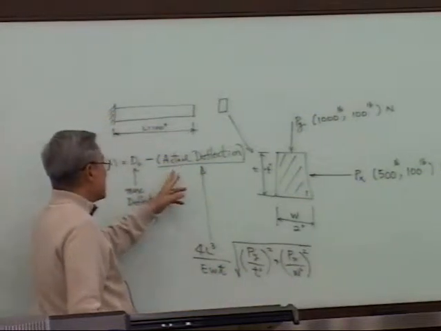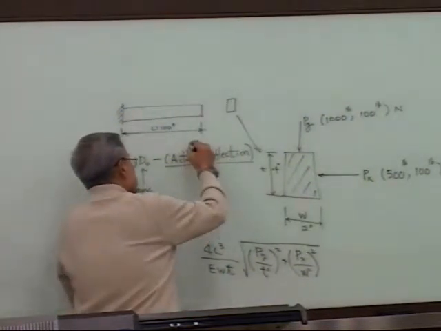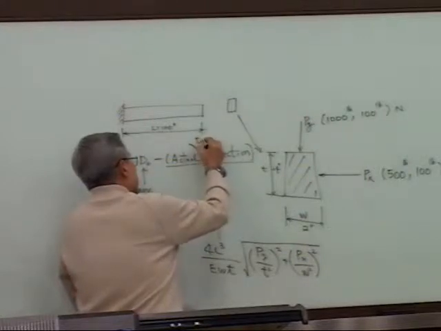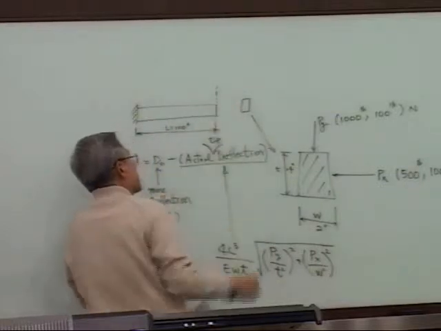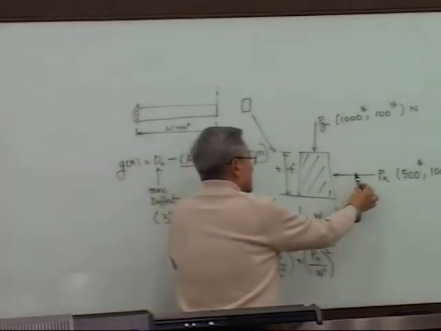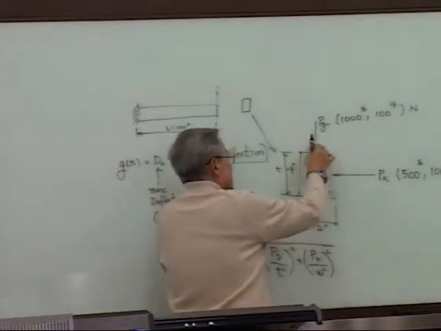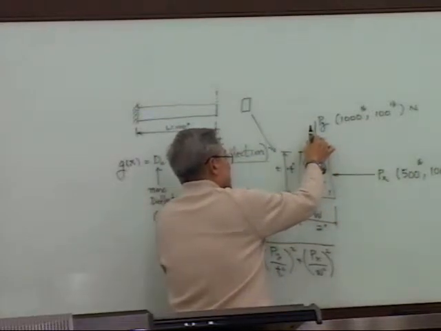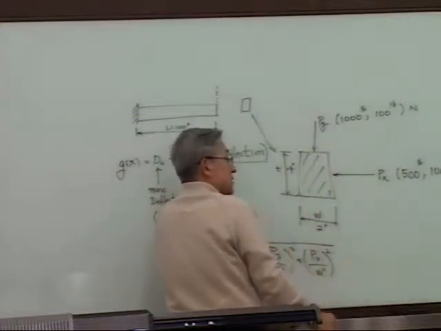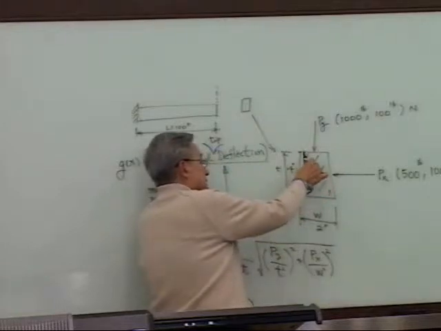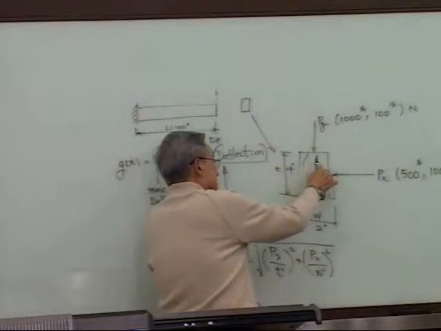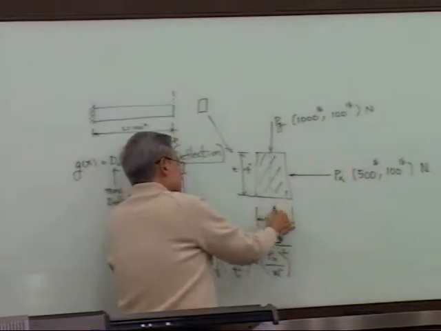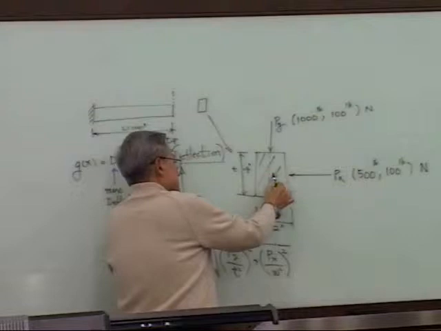When I say deflection, this is a tip deflection, the tip. The force is applied laterally, and the loading is also applied vertically. So the final deflection is not in one direction. It is the vector summation.